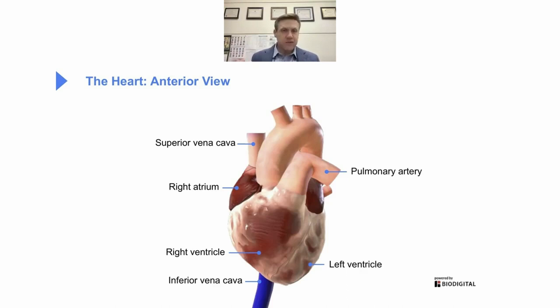And again, that's normal. We can also see where we make the division, even from the external surface of the heart, between left and right ventricle. Now, we know, or maybe we'll learn if you haven't already, that inside there's a wall between these two ventricles that's called the interventricular septum, or sometimes just ventricular septum. But how would you know from the outside where that wall is exactly located?